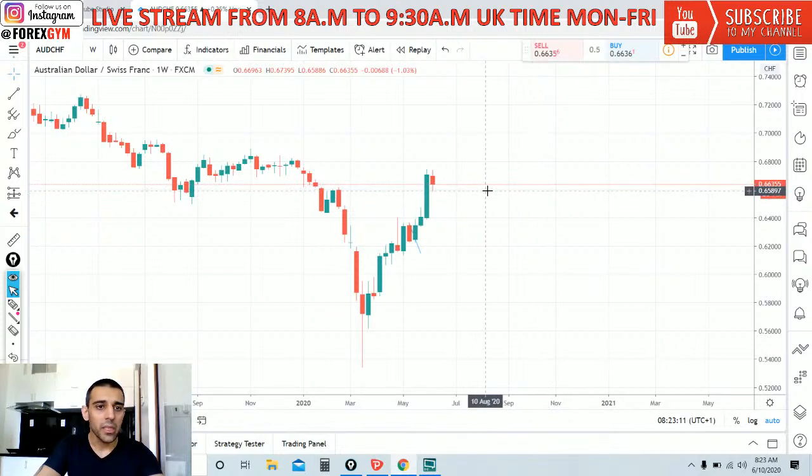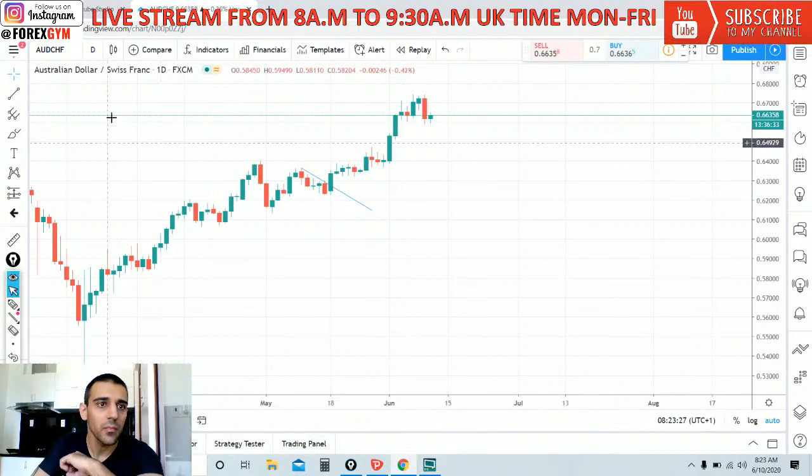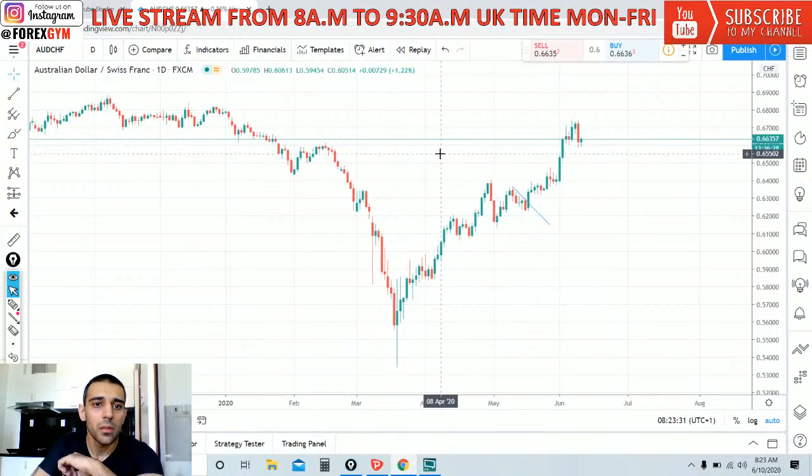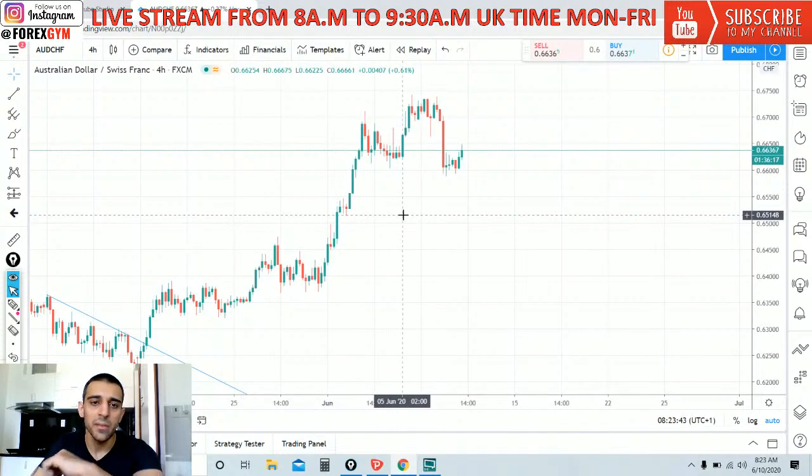Yeah, this is one of the tricky trades. 65.50. Okay, the daily time frame is looking good as well. I do suspect that it's going to have a longer retracement.